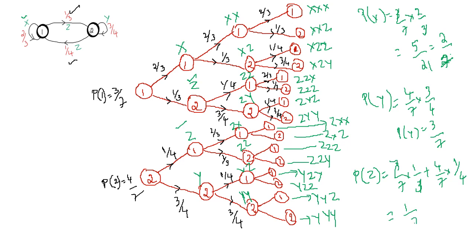We'll get 1 by 7 plus again 1 by 7. So we get the value of P of z equal to 2 by 7. So these are the probability values: P of x is 2 by 7, P of y is 3 by 7, and P of z will be 2 by 7.